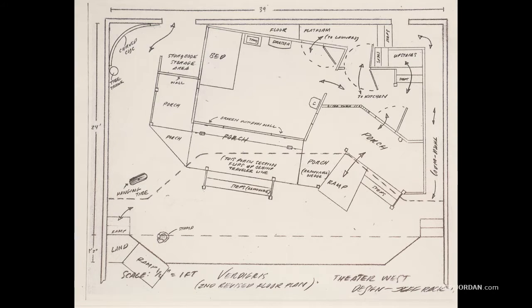Tell us about this one. This is for a piece called Verderees. It was written by Jim Beaver, who you might be familiar with from Supernatural and Deadwood. He wrote this piece, and this is an old house, interior and exterior, also a theater piece.